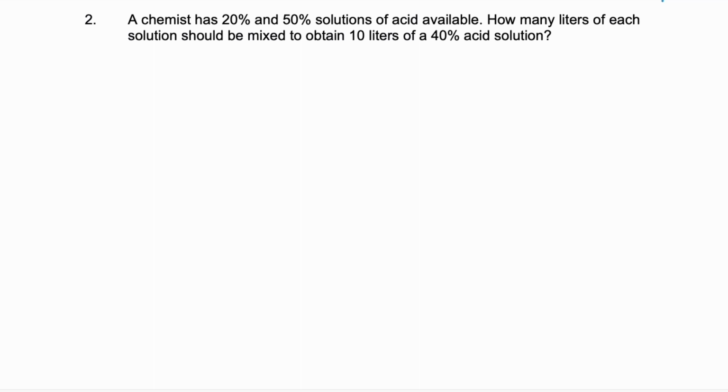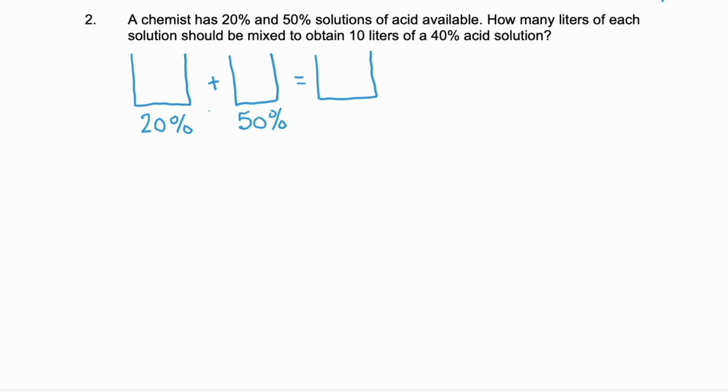So in this example, I like pictures, and we have 2 containers that we're mixing together and creating a third container. And then we can fill in what we know about each of the containers. So we know that the chemist has a 20% solution and a 50% solution that he's mixing together.